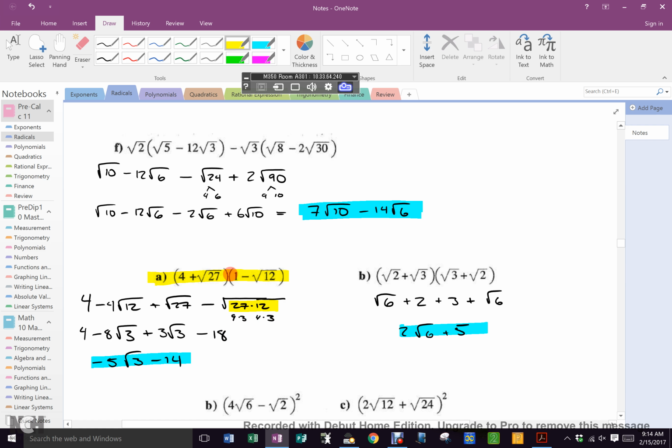I could have simplified the 27 and the 12 up here, but that would have been the only simplifying I needed to do. The rest was so easy, I just did it in my head. And then here, I just left it as 27 and 12 and broke it down. Then I took out a 3, another 3, and the square root of 4, which was 2. And 3 times 3 times 2 was 18. Cool?